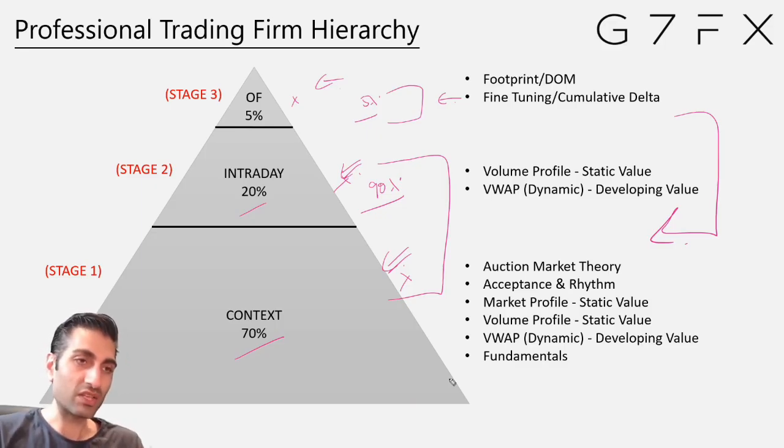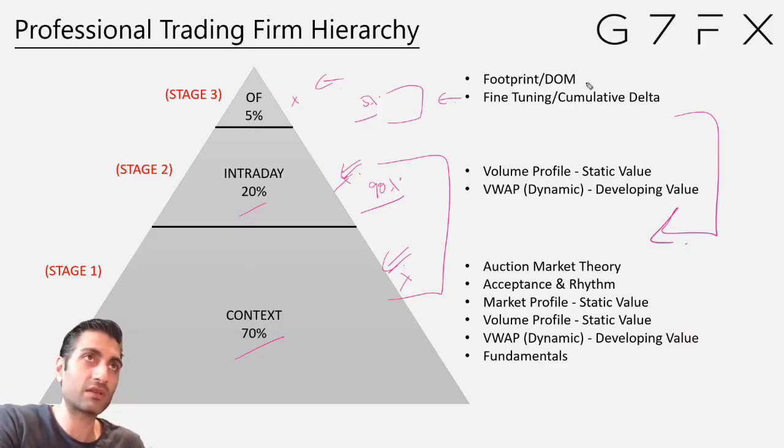But as my understanding of cumulative delta has improved over the years, and as my focus has gone more and more onto context, and making sure my hypothesis is solid, I've moved away really from order flow. And when I say order flow, I just mean at a microscopic level.